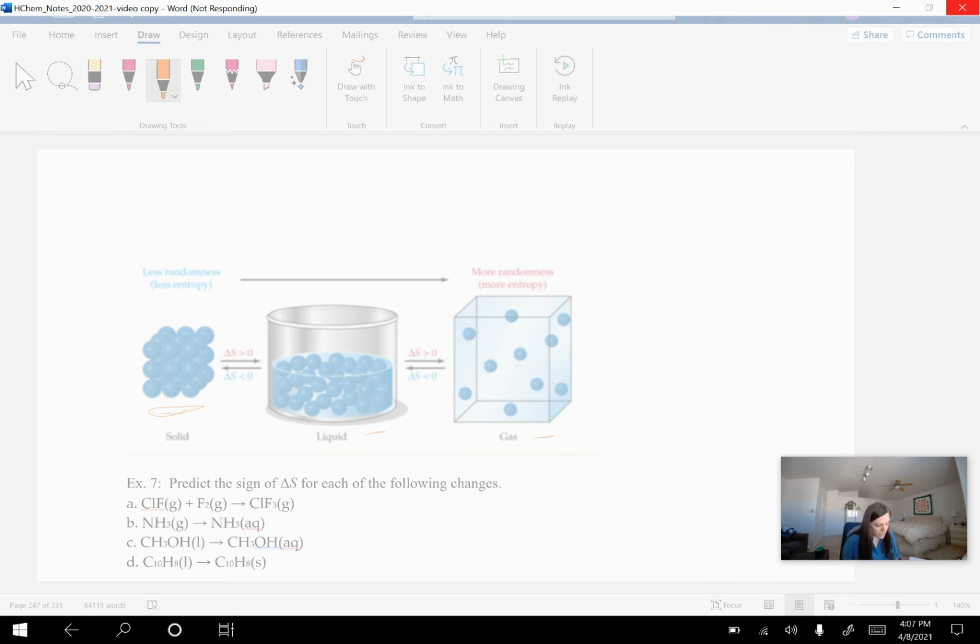So when we measure entropy, and my computer is freezing, we also measure entropy at our standard temperature and pressure. It's called STP. We might have talked about it a little bit before. It's 25 degrees Celsius, and it is at 1 atmosphere of pressure. So all of these delta H's and delta S's are measured at standard temperature and pressure. Okay?